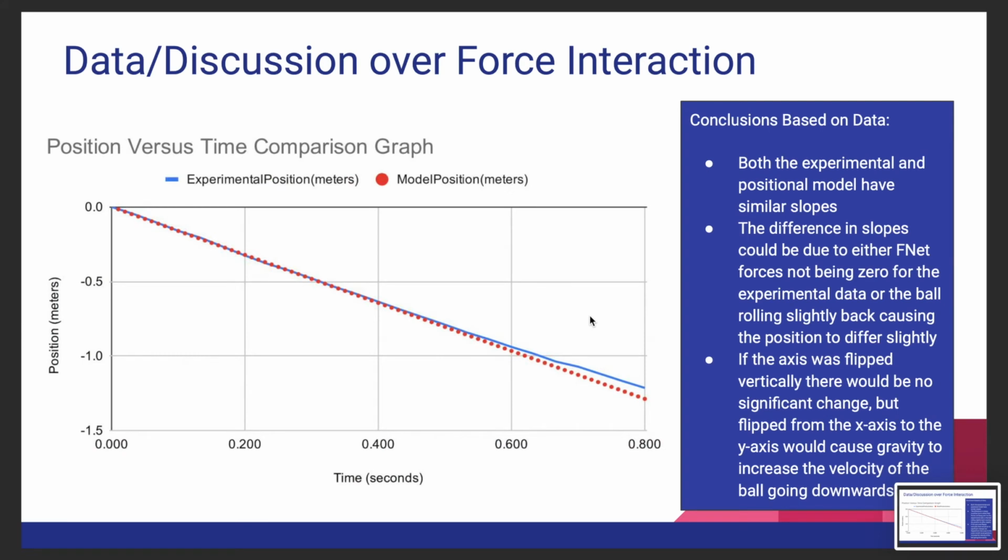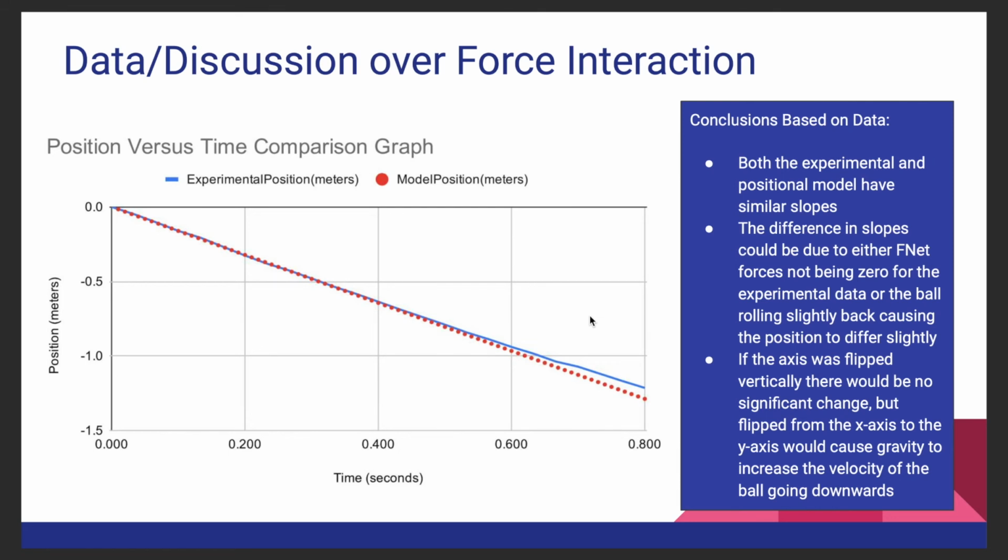Shown in our final conclusion data, we can see the experimental position and model position data right here. The experimental position curves slightly up versus the model position, which, based on the coding, is shown to be straight and linear. As an explanation for this change in position, F net has to be a value other than 0 in the positive direction, as it causes the ball's position, moving into the negative, to be slightly less than the model position, which we can determine to be most likely the frictional force of the floor acting on the ball, causing it to be slightly less negative in position.